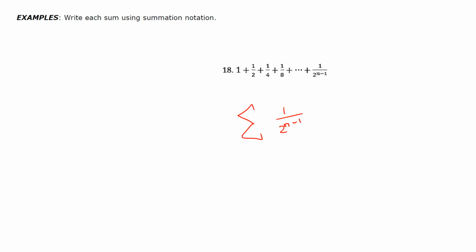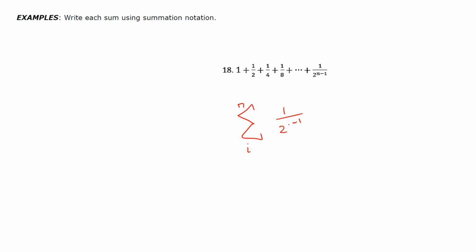Since they didn't tell us n, we're going to go all the way to n, and we are going to start with 1. I have to change my expression to another variable.